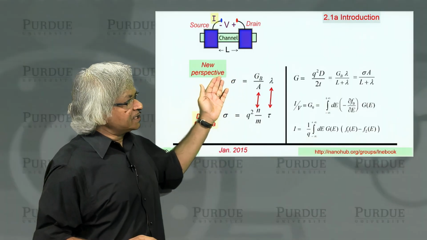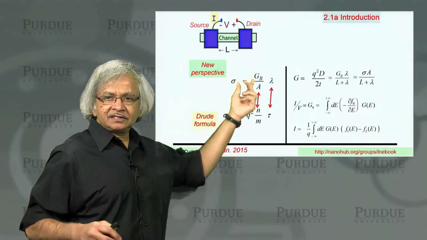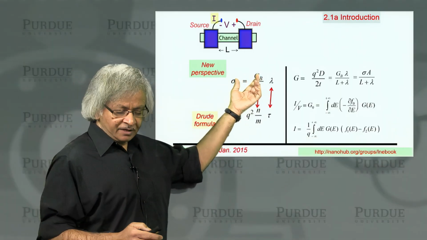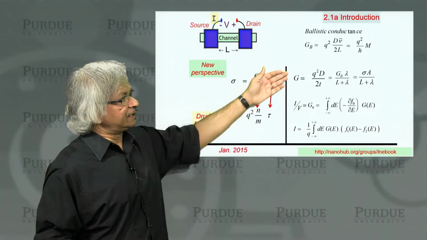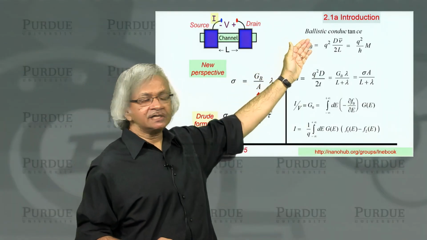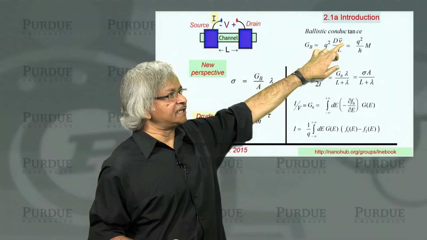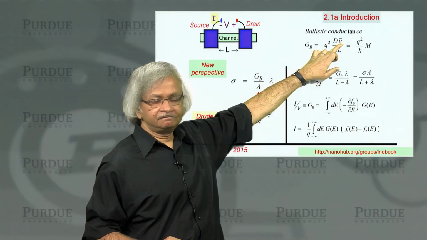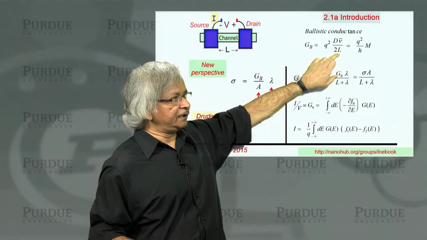So in this new perspective then, this ballistic conductance plays a very important role. And the expression for it, as we discussed, is this density of states times the average velocity divided by the length.